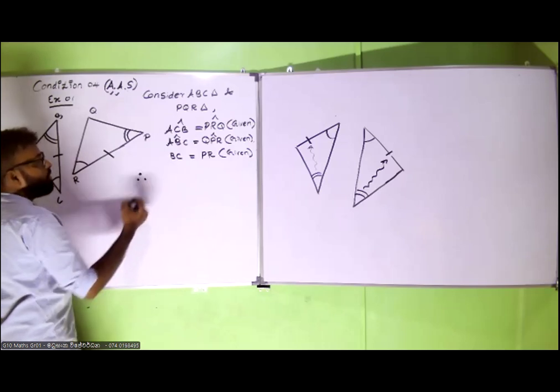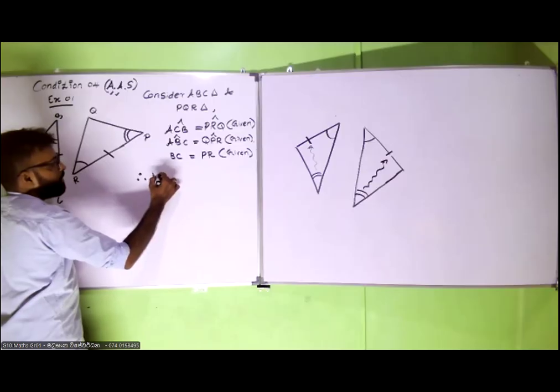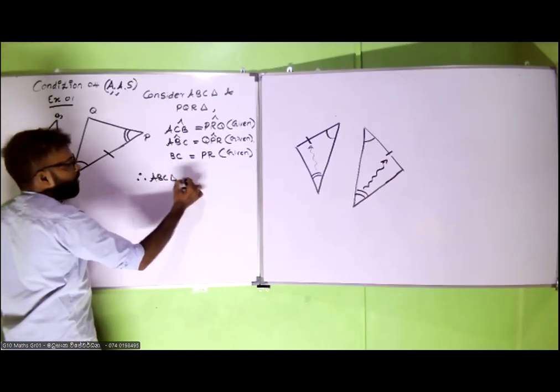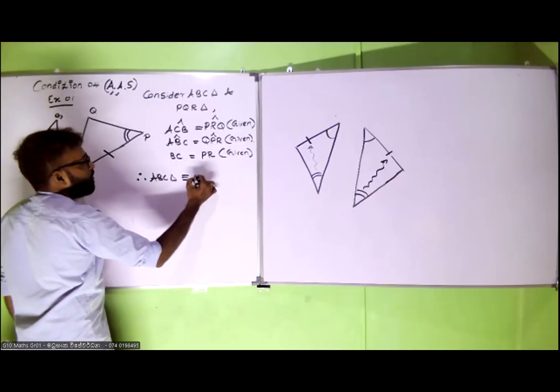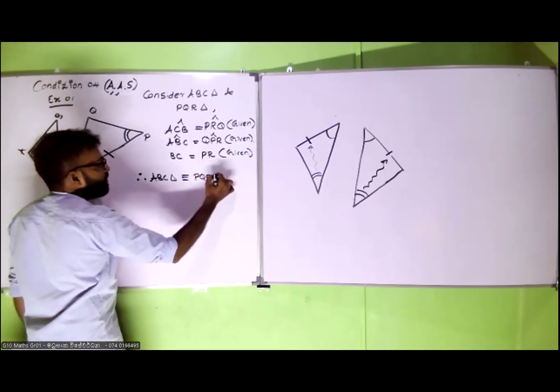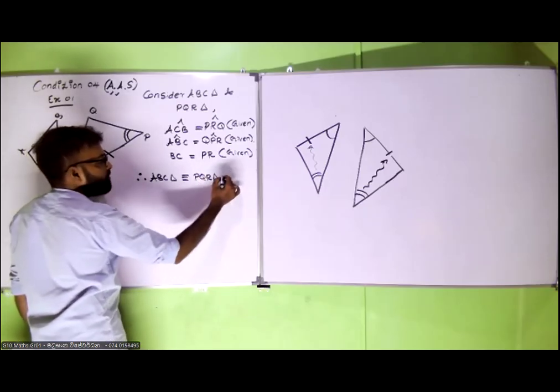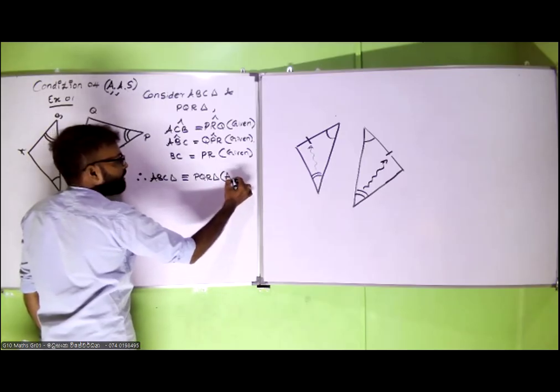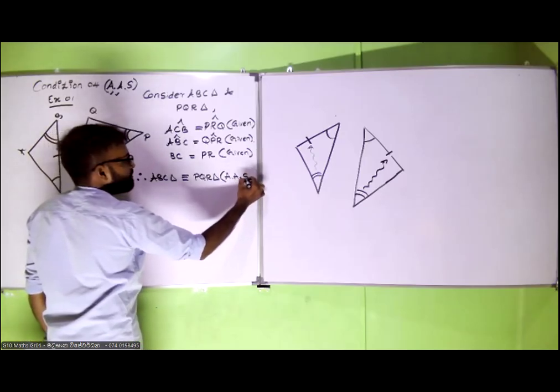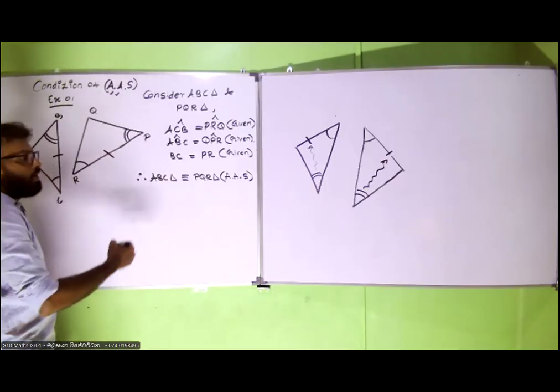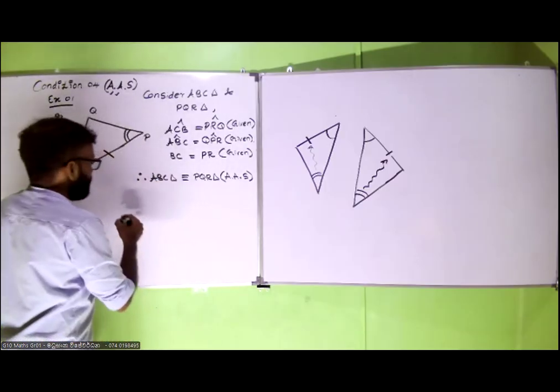Therefore, triangle ABC is congruent to triangle PQR under which condition? Angle, angle, side.